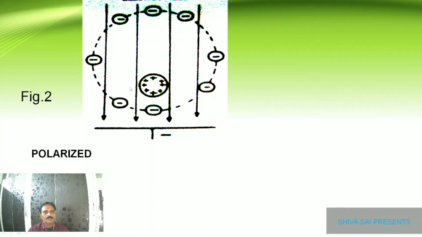Here you can observe that for one half of the cycle, say this is positive and this is negative, the positive charge is moved towards the negative plate, whereas the center of negative charge, the electrons, is moved towards the positive plate, that is the anode.